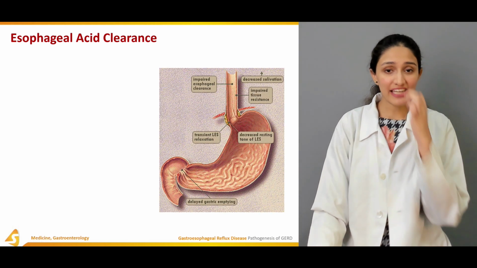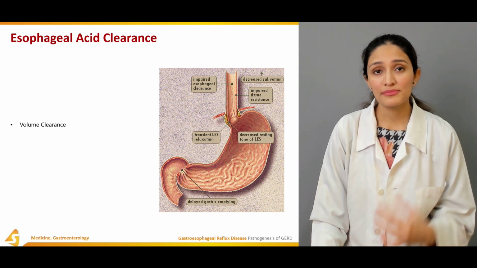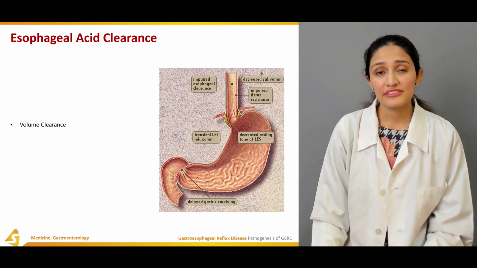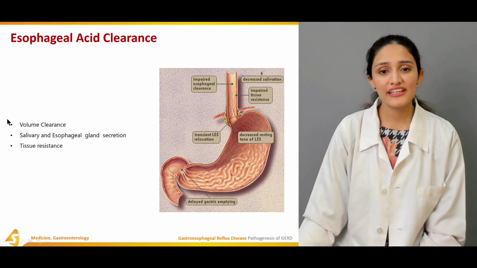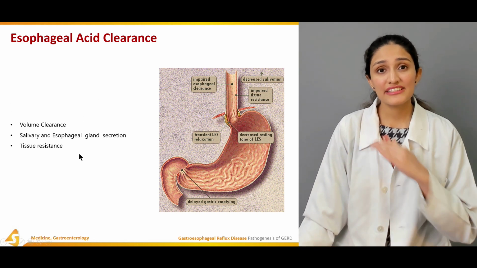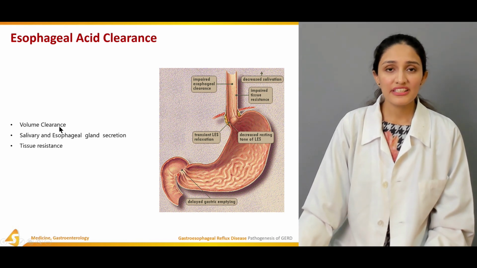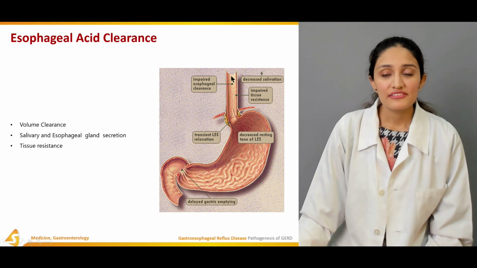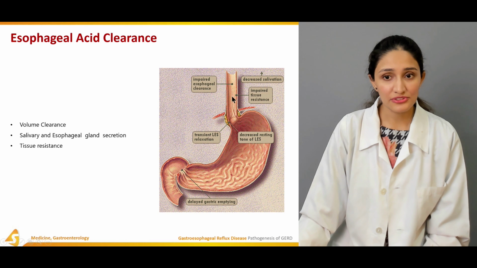If we talk about acid clearance, there are three factors that really help in clearing the esophagus of acid. That is the volume clearance, the salivary and esophageal gland secretion, and the tissue resistance. These three things help the esophagus in clearing the acid out. The volume clearance is when food is brought into the esophagus.